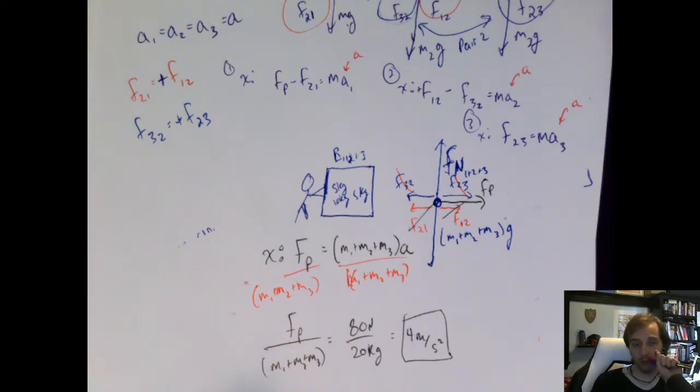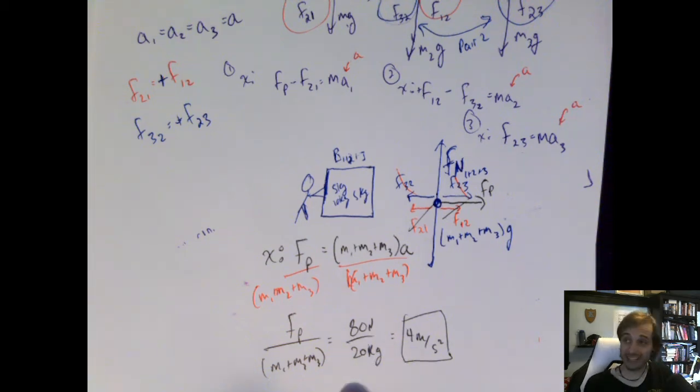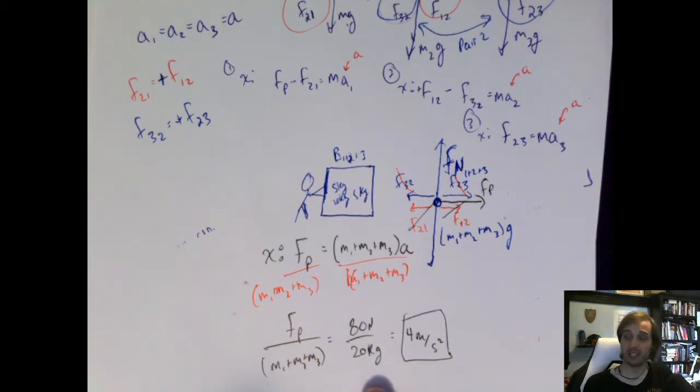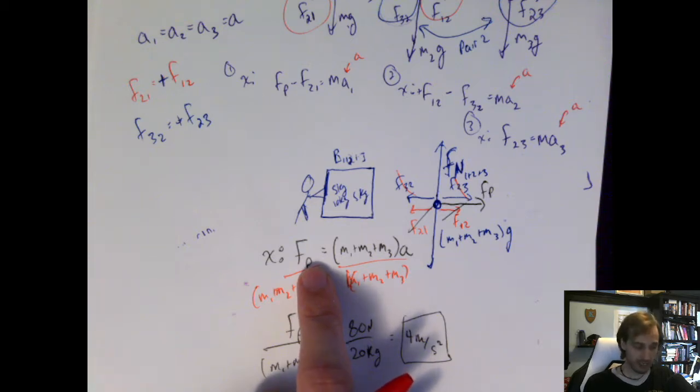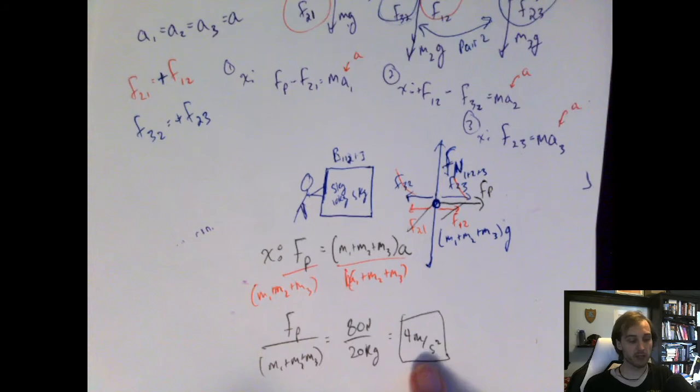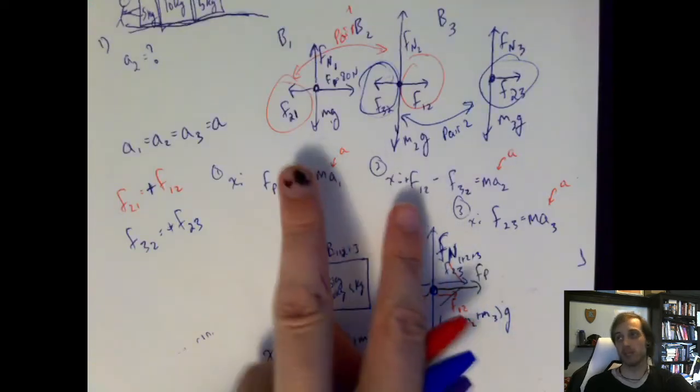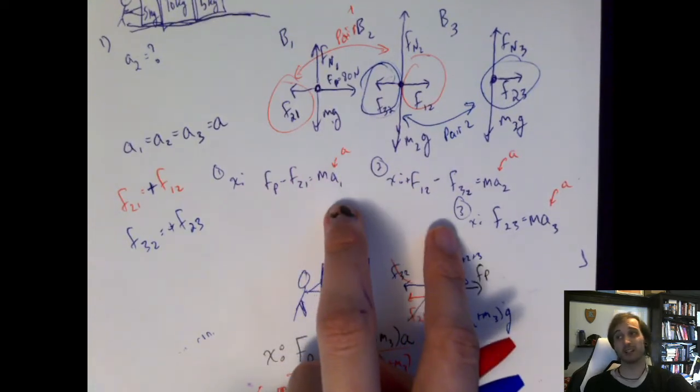Now, if you were then asked what's F1.2, what's F2.1, the problem is that if we're looking here, well, we got rid of it, so we can't use it. What we could do instead, though, is once we've found this acceleration, these equations up here get a lot easier.